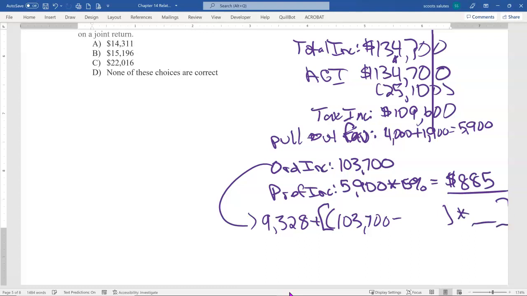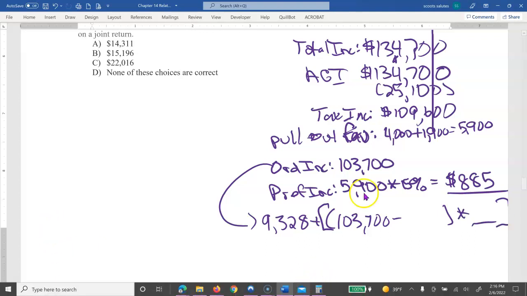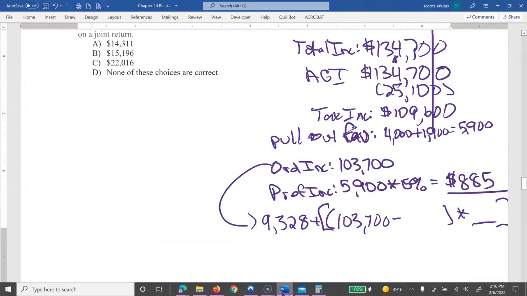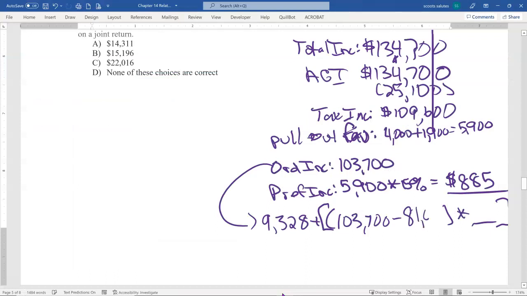Let me let you know what we're going to be looking for here. The base rate, which was 81,050, and that's going to be multiplied by 22%. So let's see how we do here.